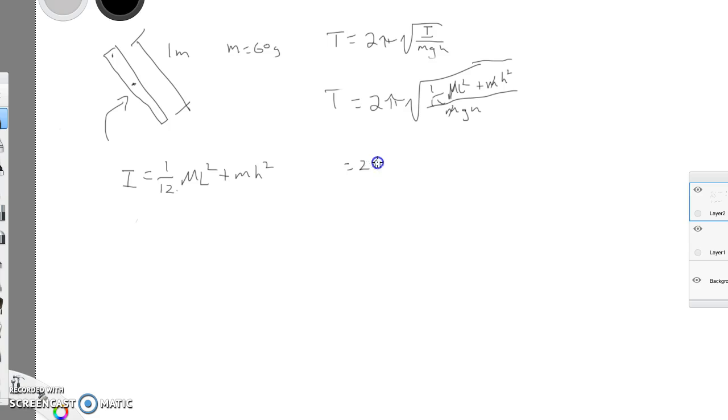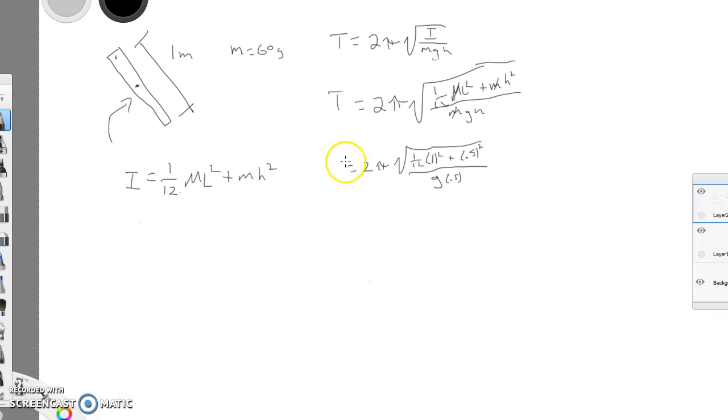Okay, we get 2 pi square root of 1/12 times 1 squared plus 0.5 squared over g times 0.5. And so we get a period of about 1.64 seconds. Okay?